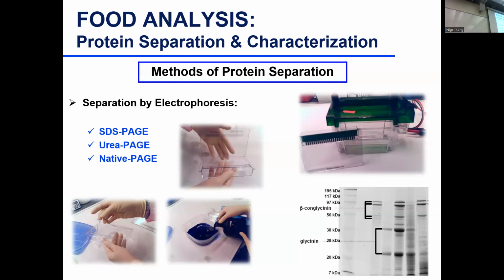Now this demonstration is for SDS-PAGE. It's the same for all of them. The only thing which differs is the type of gel we are using and our sample. The whole setup is the same for all of them.